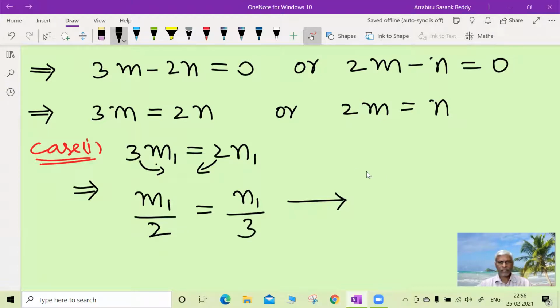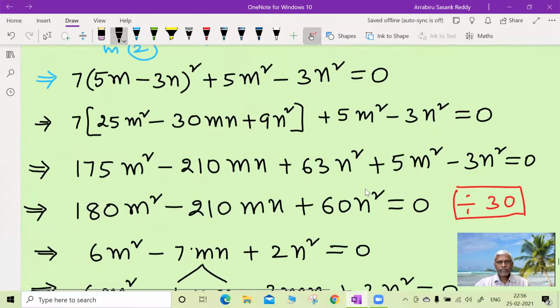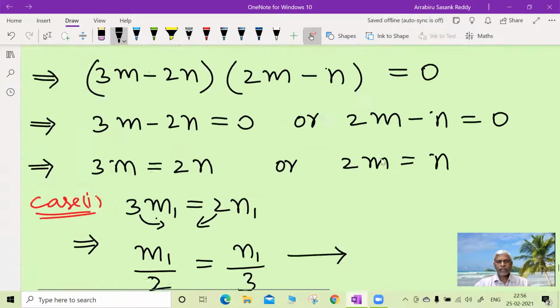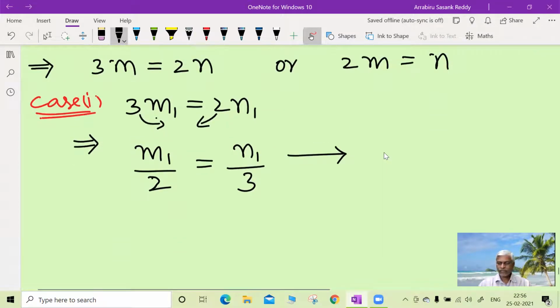Let us call it equation 3: 3m1 is equal to 2n1.